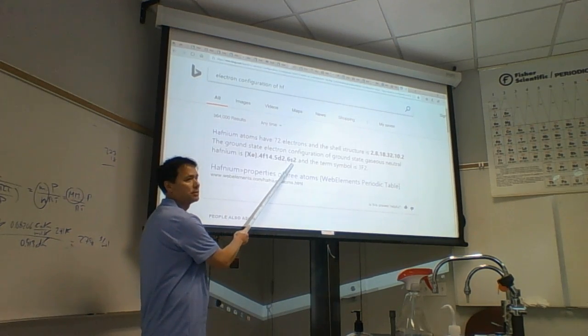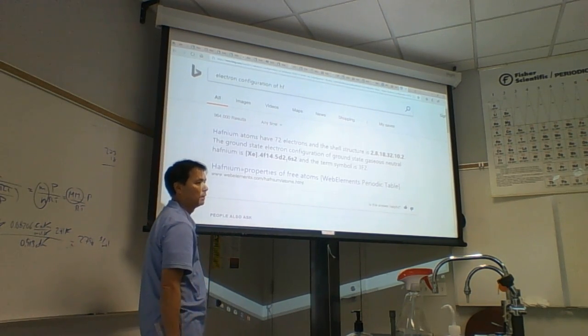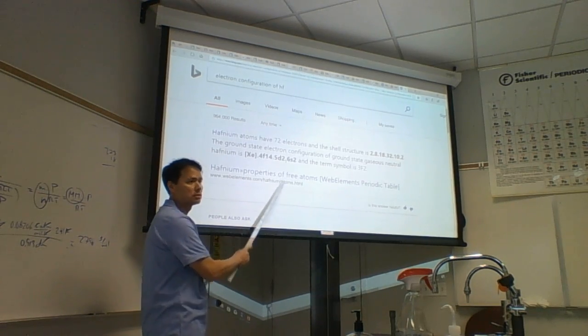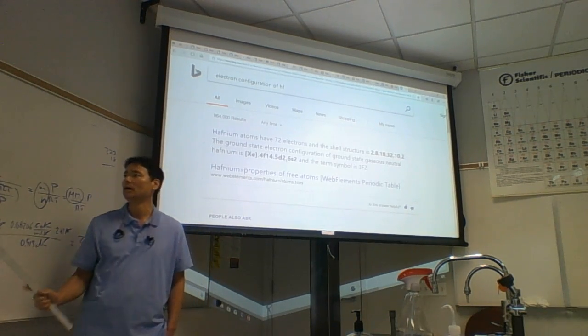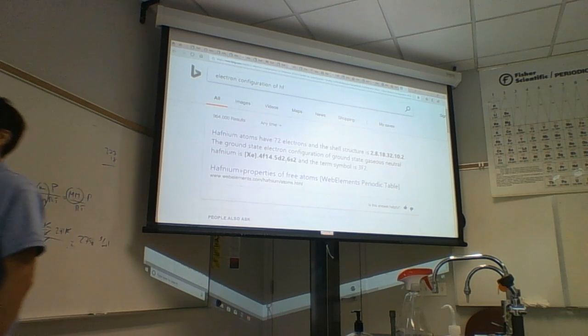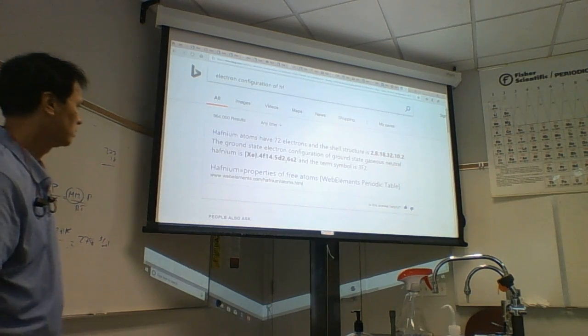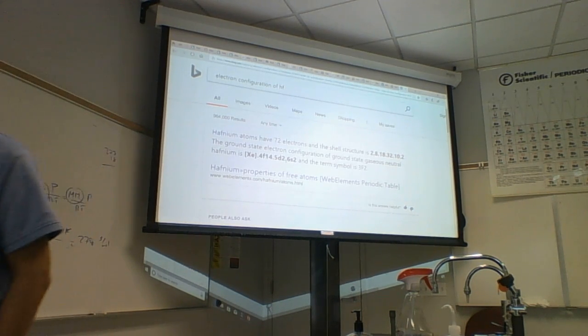If you're going to rearrange it numerically, 4, 5, 6. Otherwise, have it in filling order. If you have it in filling order, then it'd be 6s2, 5d1, 4f14, 5d1. You can leave it like that, or you can combine the d's. It doesn't really matter which side you combine it.